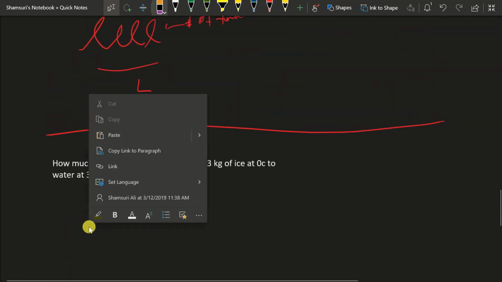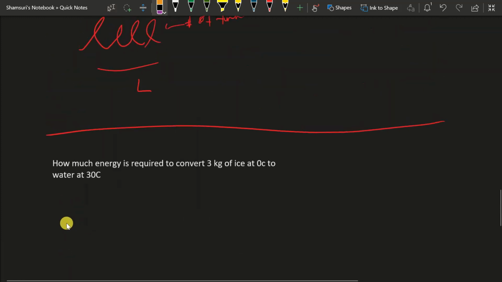The question is basically how much energy is required.